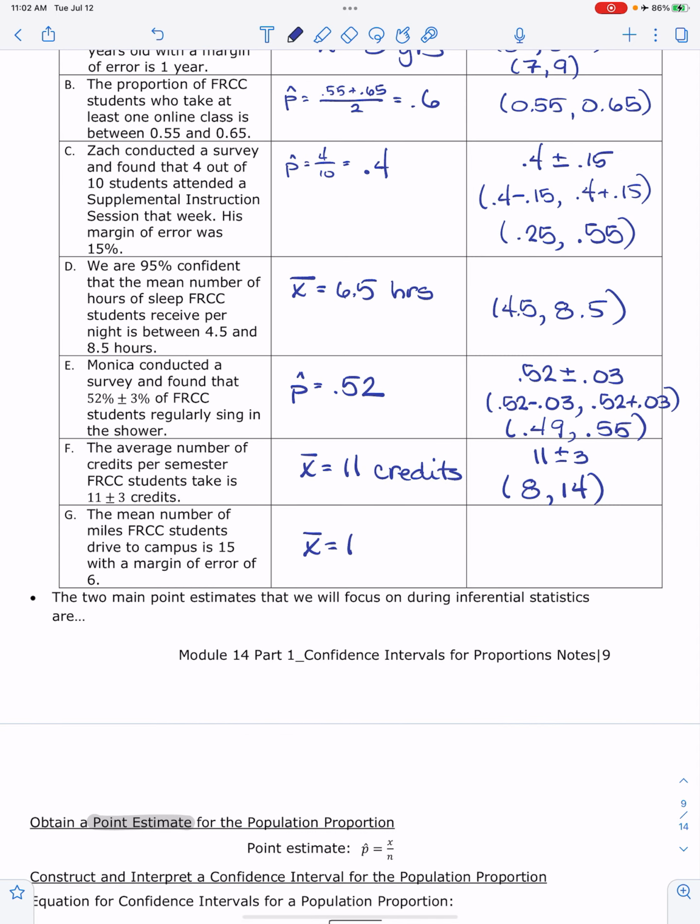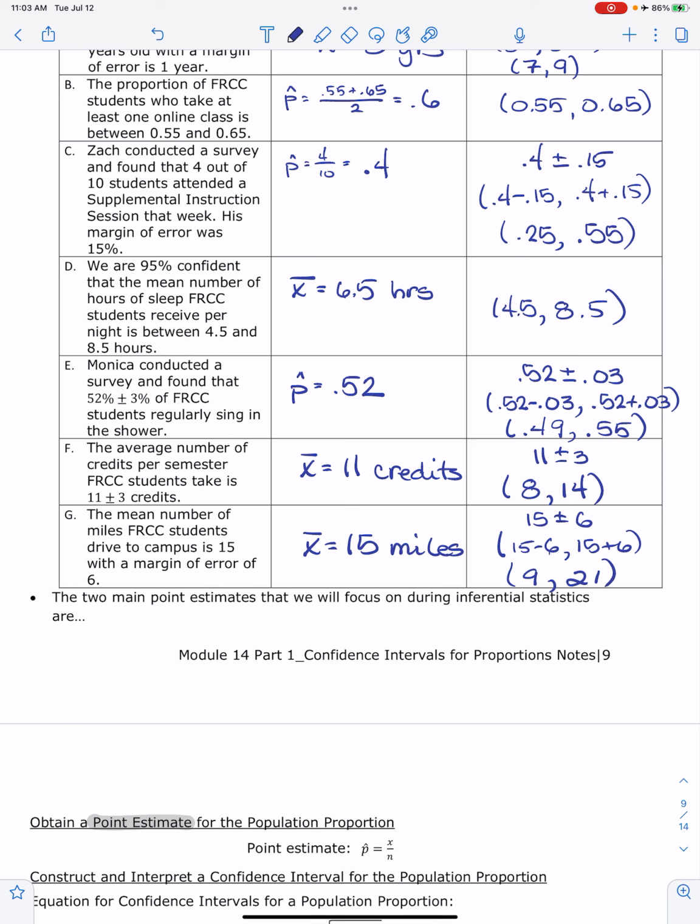So our average is 15 miles. With a margin of error of 6, 15 minus 6 gives me 9. 15 plus 6 gives me 21.